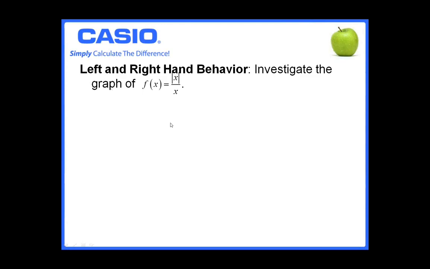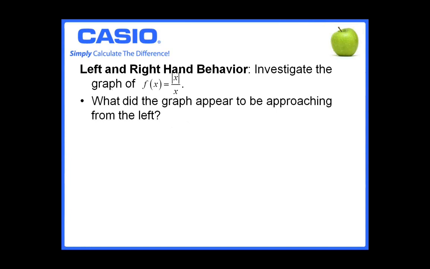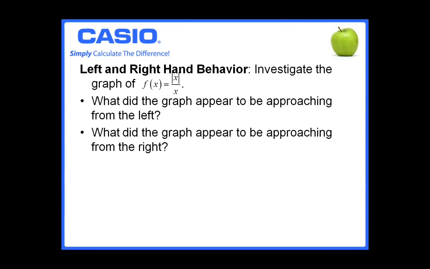Okay, the next kind of limit we're going to investigate is one that has left and right hand behavior. To investigate this, we want to graph it and ask ourselves: what does the graph appear to be approaching from the left, and what does it appear to be approaching from the right? Then we want to recall our definition again.